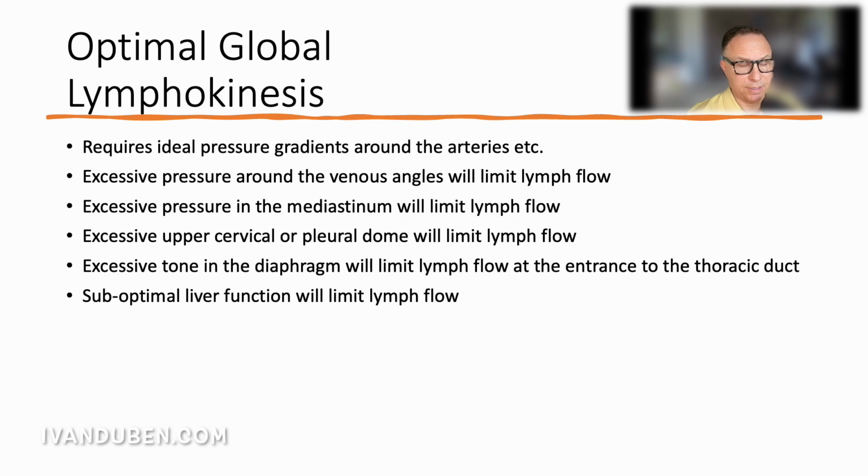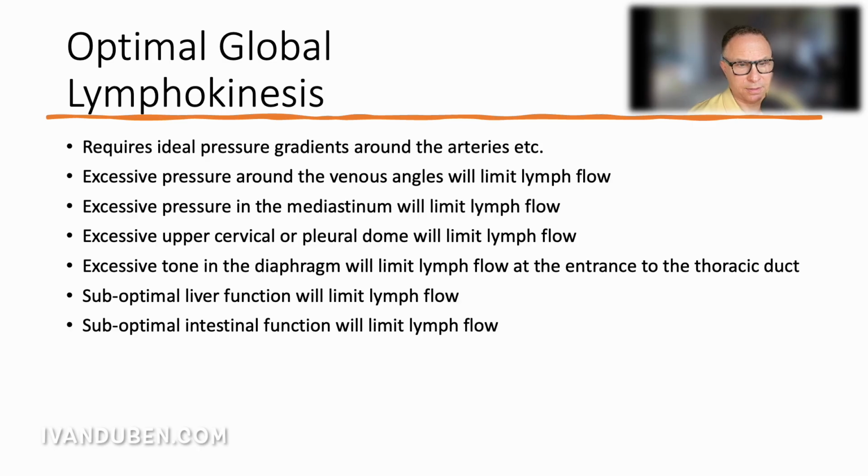And the next presentation gets some more detail specifically on the liver. Also, suboptimal intestinal function will limit lymph flow. So, adhesions and contractions, leaky gut issues, degenerative issues in the small intestine, mostly due to the fact that approximately 40% of our lymphatic system is in the gut, in and around the small intestine area.